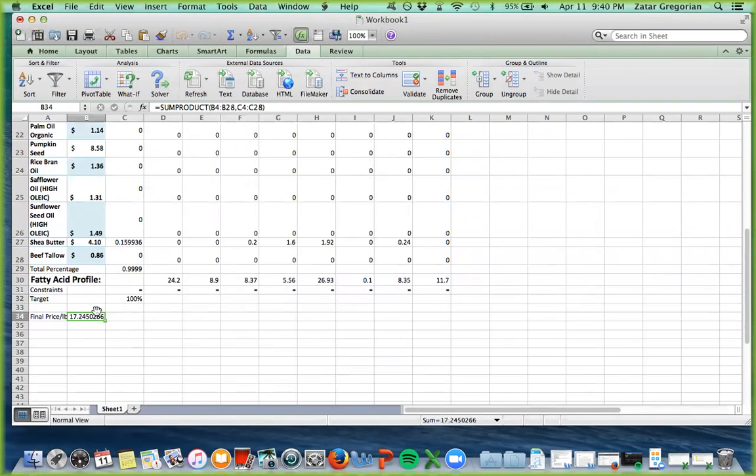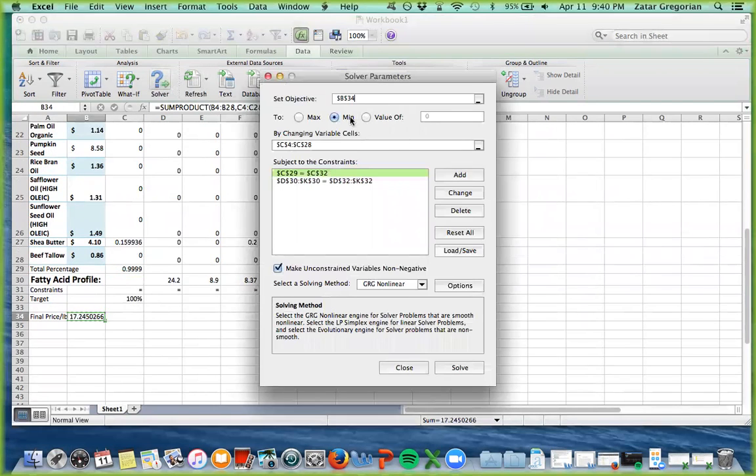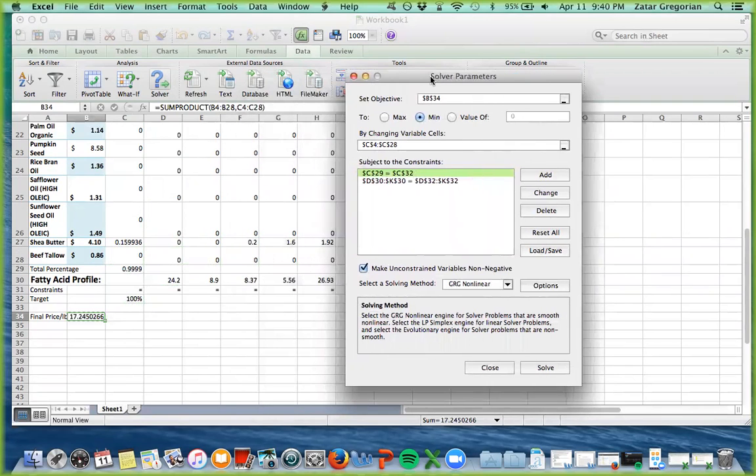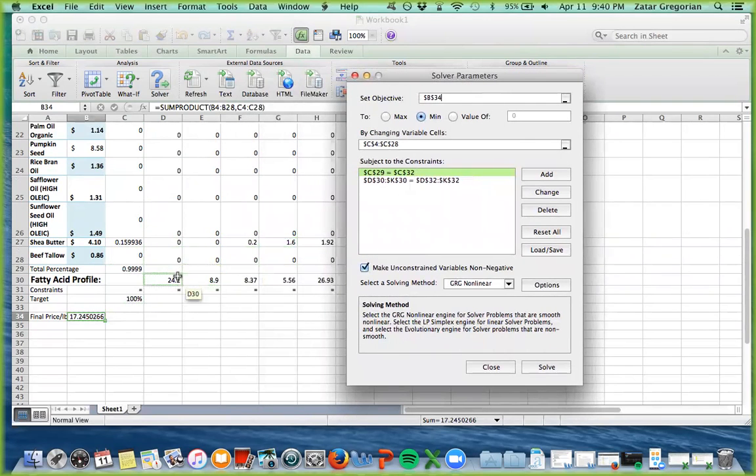So that's the objective, changing the variable cells. I set it to change these variable cells, which is the amount of percentage. My constraints are the same as yours, which is that the total percentage has to equal the target percentage. And then instead of having greater than or equal to for the fatty acid profile and target fatty acid profile, I just put in an equal sign.